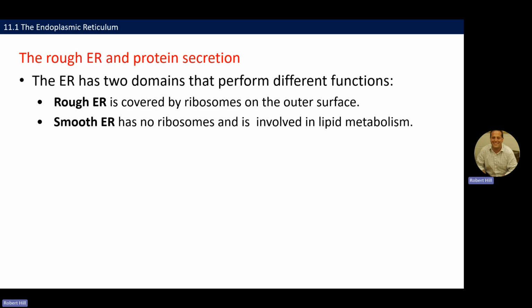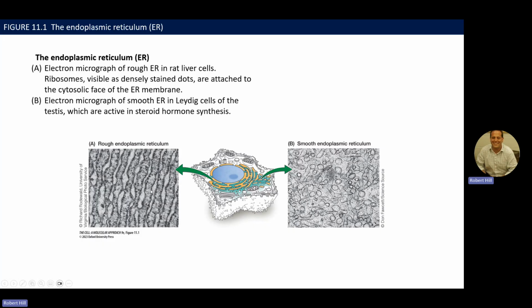Cytosolic calcium levels are typically low, but if you need to initiate a certain signal, calcium will leak out of the smooth ER and then bind to receptors that are in the cytoplasm of the cell. All right, so there's an electron micrograph. You see the lumen of the ER is the space in between the membranes, and these are all the ribosomes that are interacting with it.